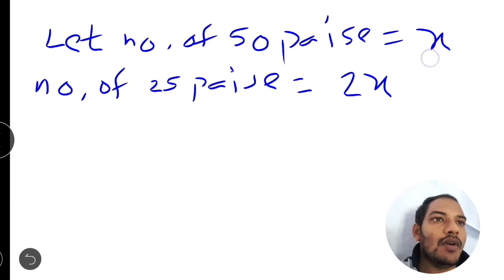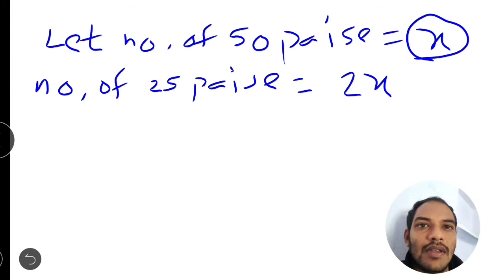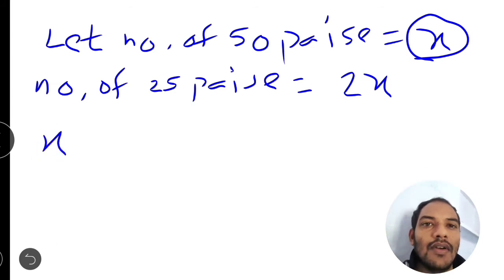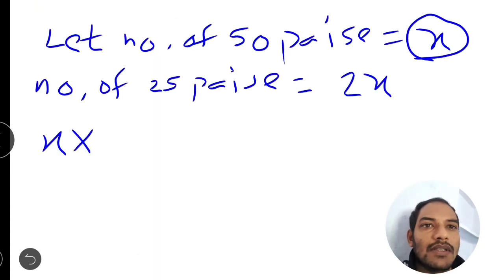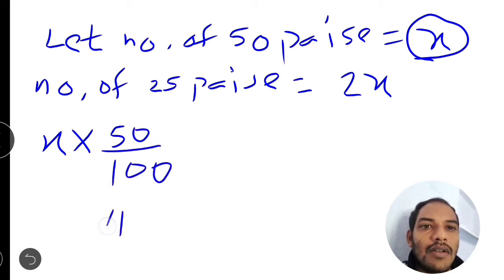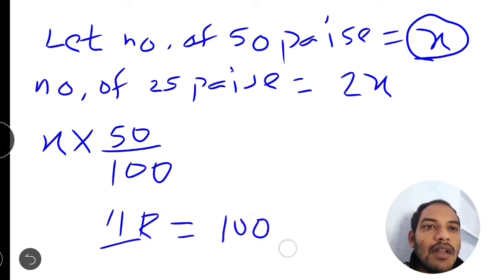Let's find their values. What is the value of x 50 paise coins? The number of 50 paise coins x is multiplied by 50 paise, but here the total is given in rupees, so convert 50 paise into rupees: 50 divided by 100. Why? Because 1 rupee is equal to 100 paise.